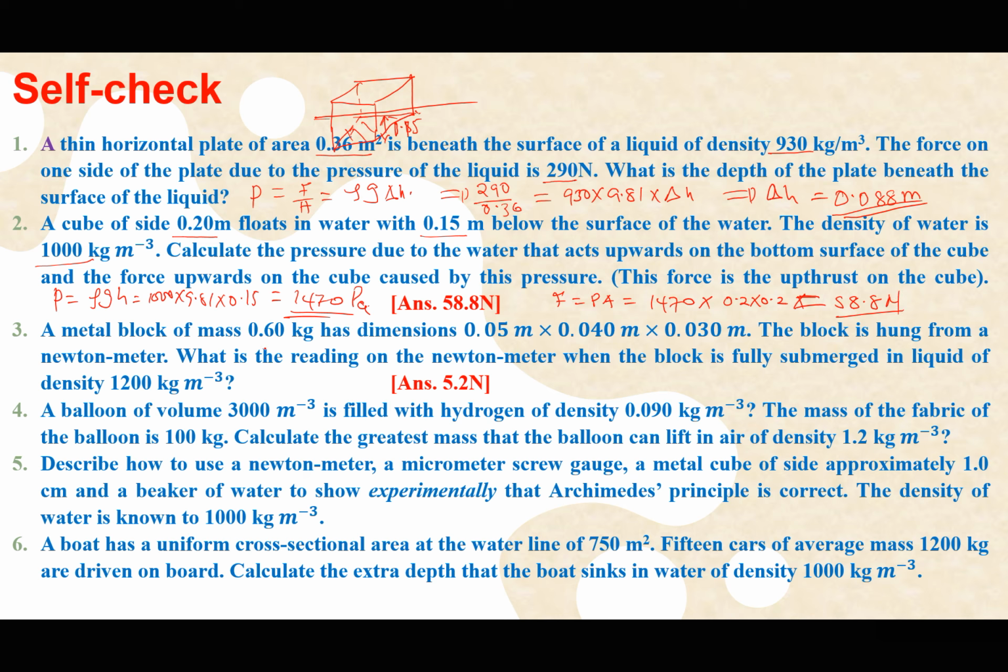A metal block of mass 0.6 kilograms has dimensions 0.05 by 0.04 by 0.03 meters. That gives you the volume. The block is hung from a newton meter. What is the reading on the newton meter when the block is fully submerged in a liquid of density 1200 kilograms per cubic meter?